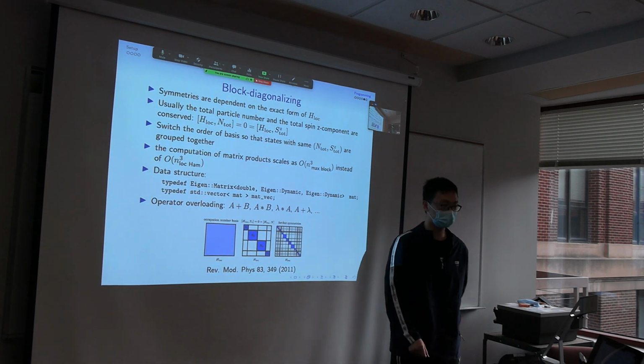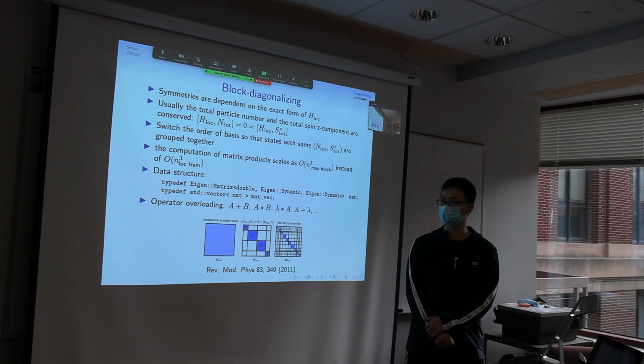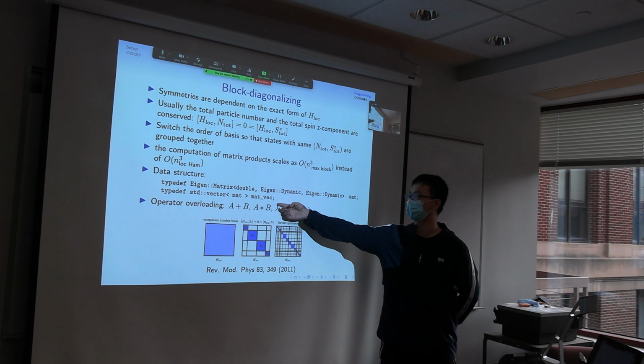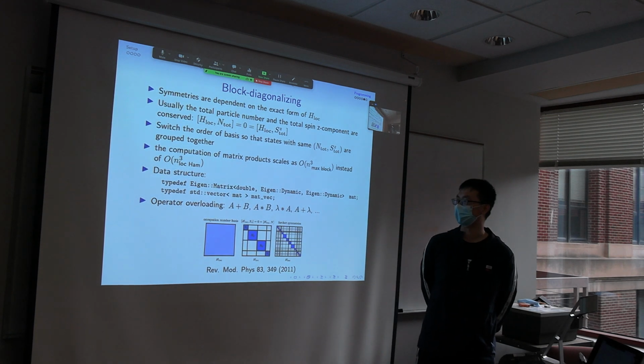And for the dressed propagator R and the self-energy, it may or may not be block diagonalized depending on the system you simulate. So this is the uniform format I use in my code.